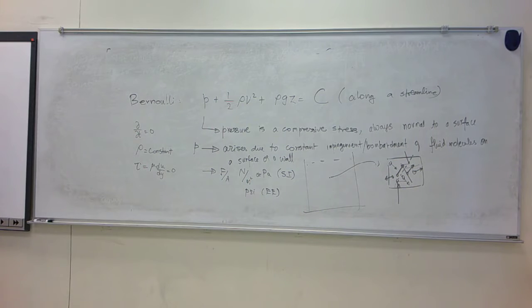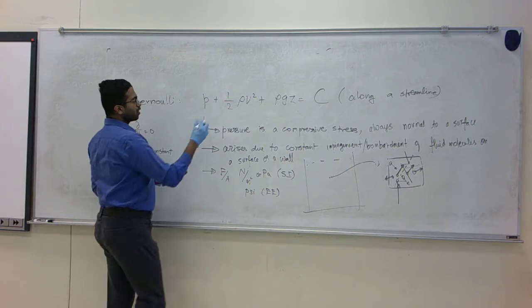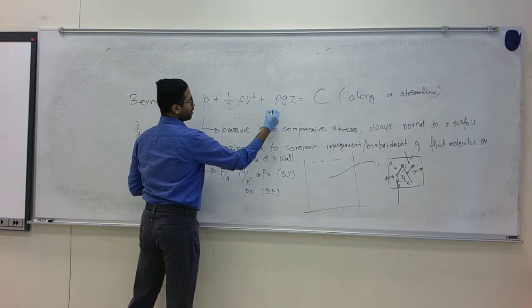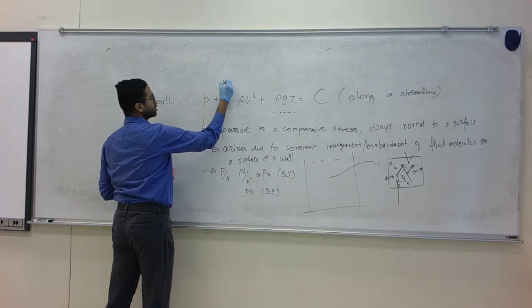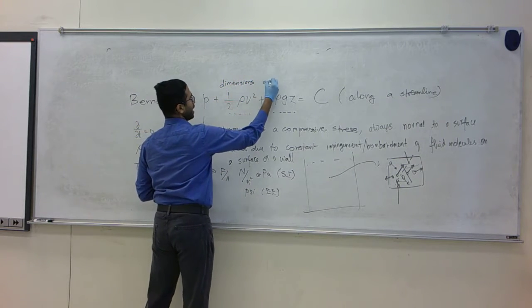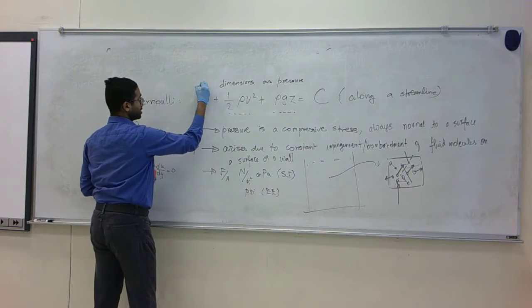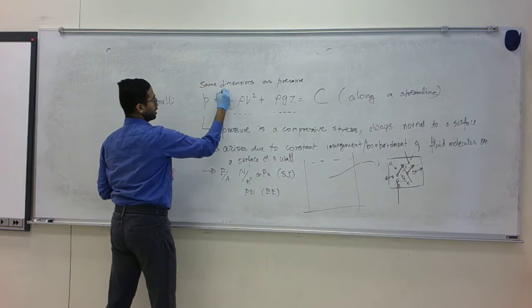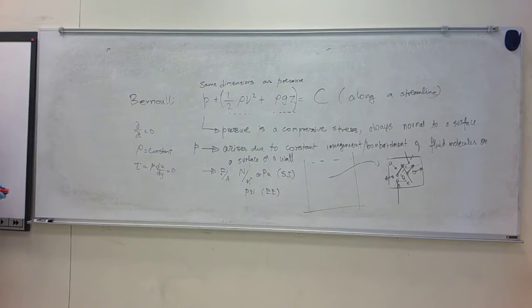Now if you look at the second two terms, they are also added to pressure, which means they must have the same dimensions as pressure. So they are also some kind of pressure, we can say.